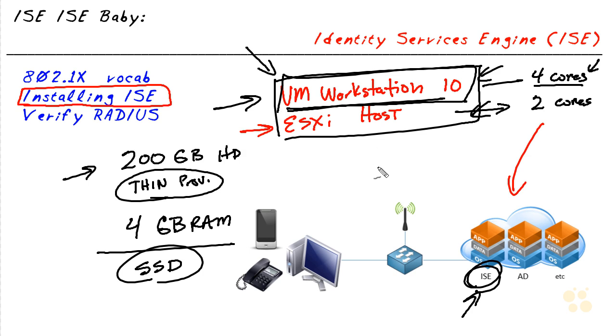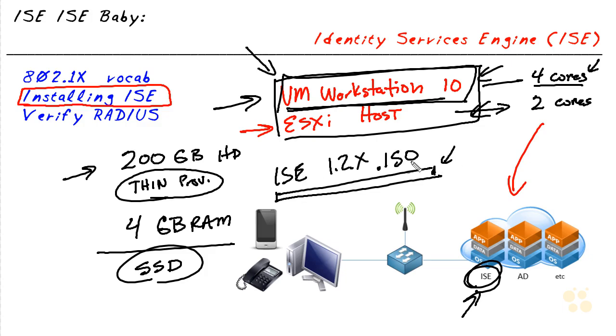And the software I used was the ISO for ISE. It was like 1.2 something. And that ISO, when you do a brand new install, comes with a built-in evaluation period that starts the clock from the day that you install it. So for most companies that are currently running ISE, you've got your user accounts at CCO, you can download the ISOs and use those.